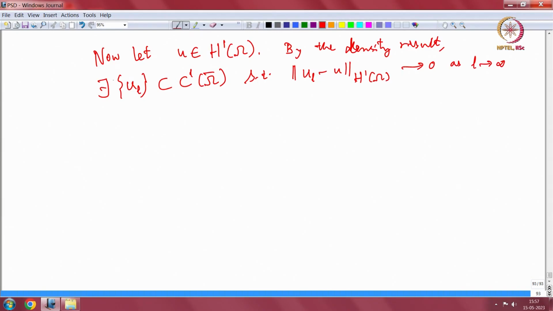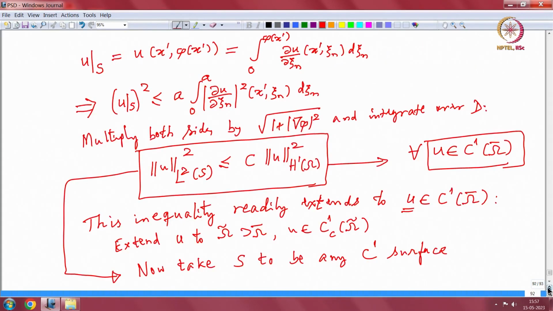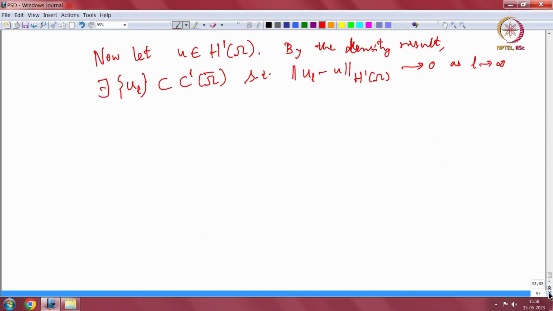And since these are C1 omega bar functions, we can apply this inequality, which is derived for C1 omega bar functions.